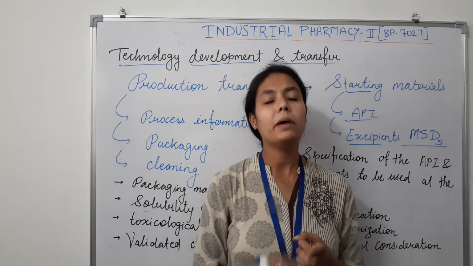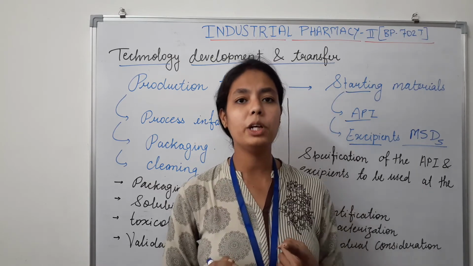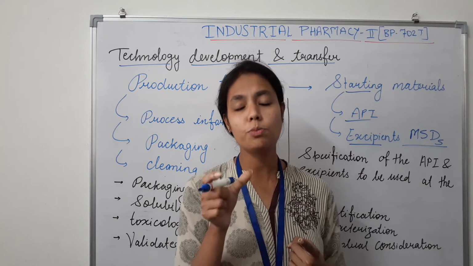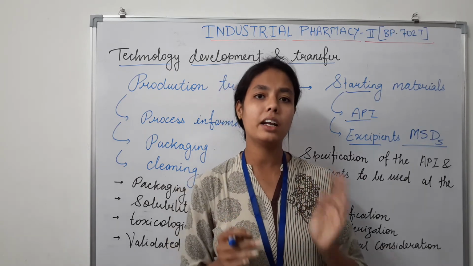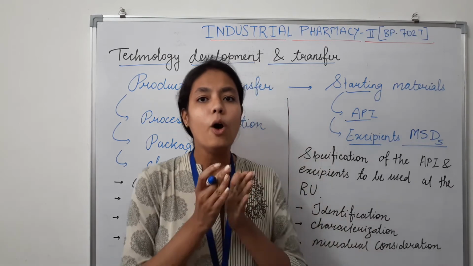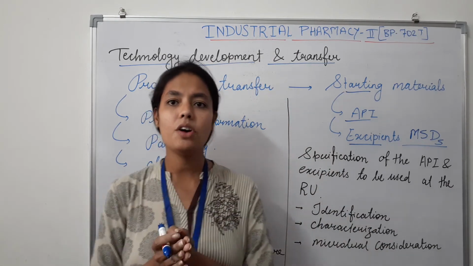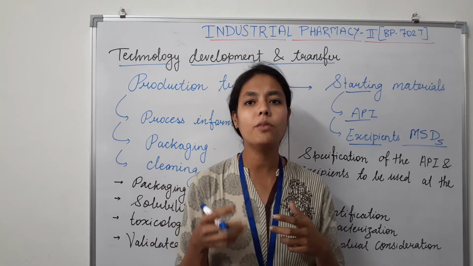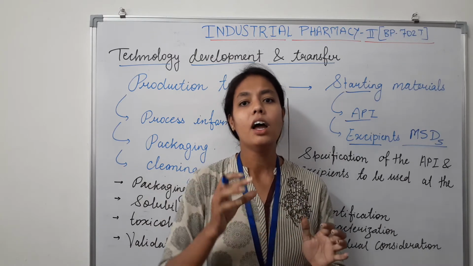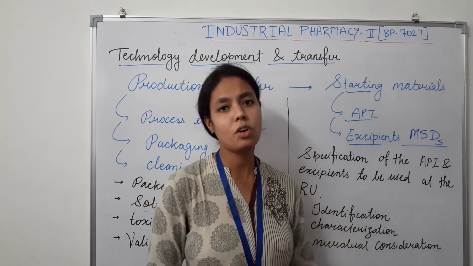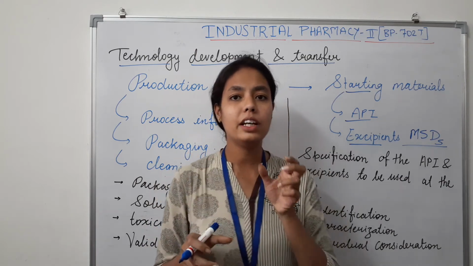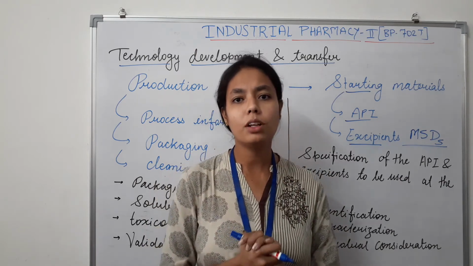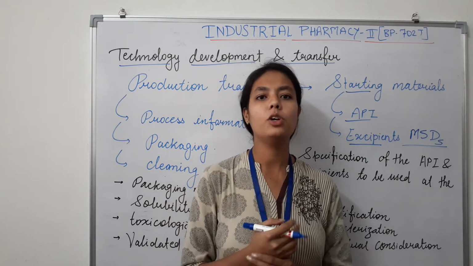Whenever we talk about parenteral dosage form and ophthalmic dosage form, osmolarity is the major criterion which we have to take under consideration. After that, water content and determination of hygroscopicity, which will include the water activity data, like whether it is hygroscopic in nature or not. After that, moisture content range, which is also specific for the parenteral or transdermal dosage form.